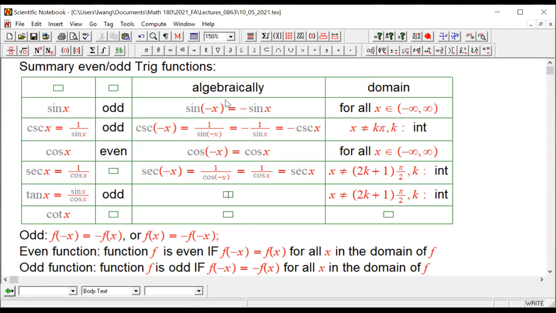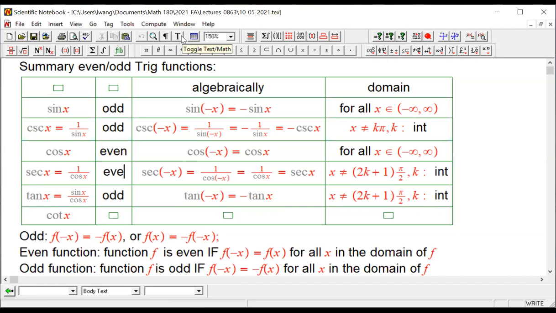And we have already addressed that tangent is an odd function. And cotangent is something we haven't done, right? Is it even or odd? Odd. Yep. You already figured it out.